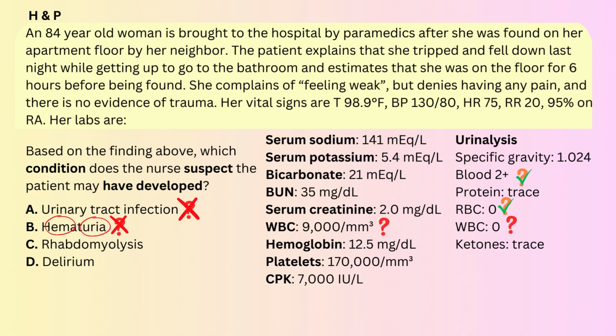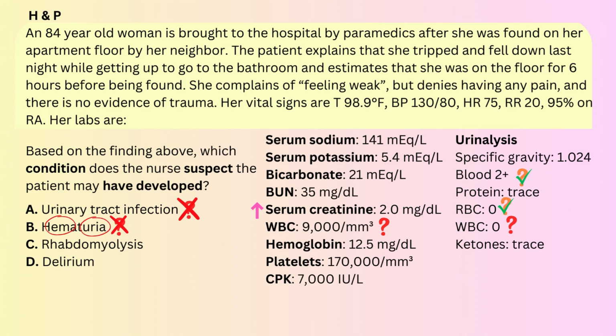Let's go back to the labs. Which lab value tells us about kidney function? Yes, creatinine. What is the normal creatinine level? Yes, 0.6 to 1.2. This client has a creatinine level of 2.0, which is very elevated for somebody without a history of kidney disease. What about potassium?